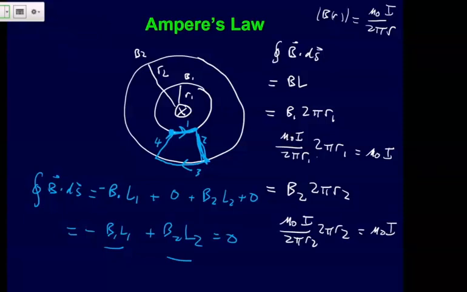It totally works because the B field gets weaker by a linear factor of r as you get further away, but the arc length increases. And so these two things will exactly cancel out. So this is an explanation of why the currents outside don't contribute to this. They'll always add up to 0. It's only the currents that are inside the loop that you pick that will have an effect here.